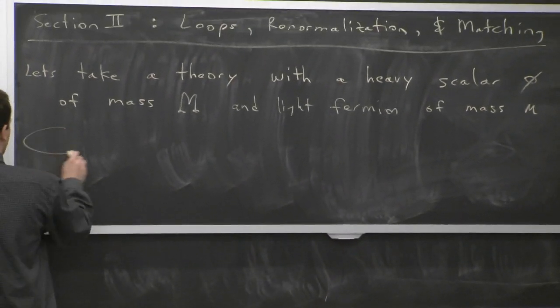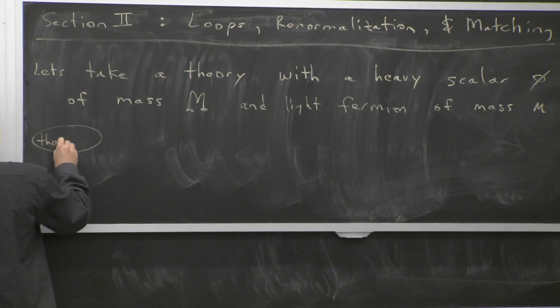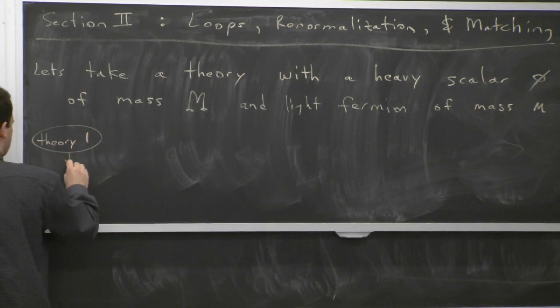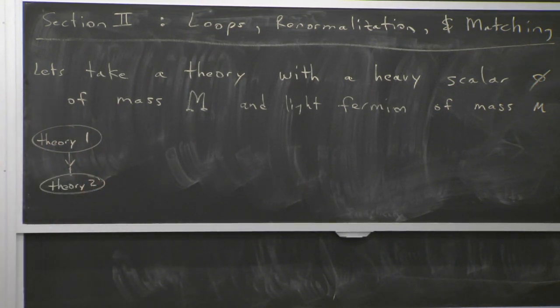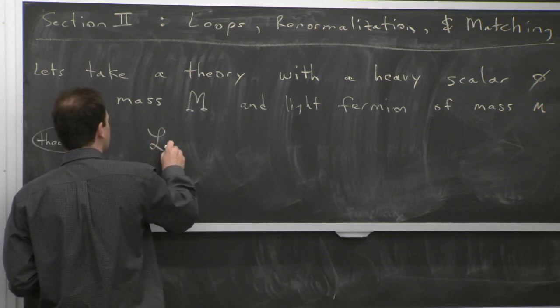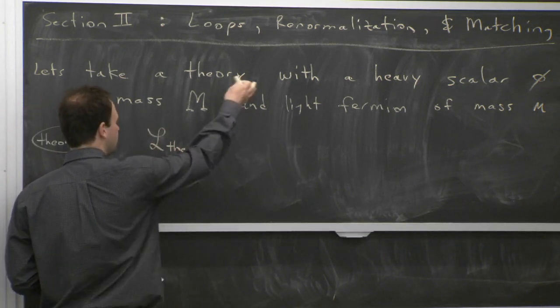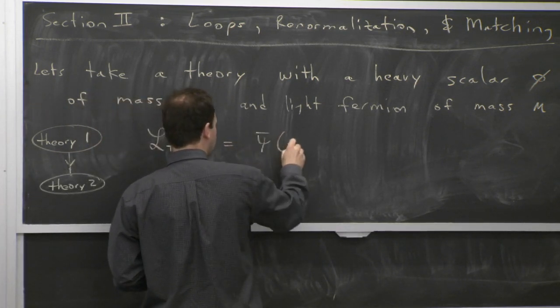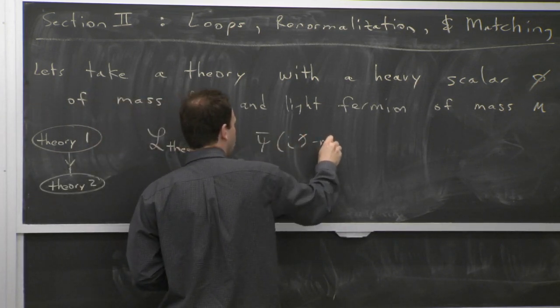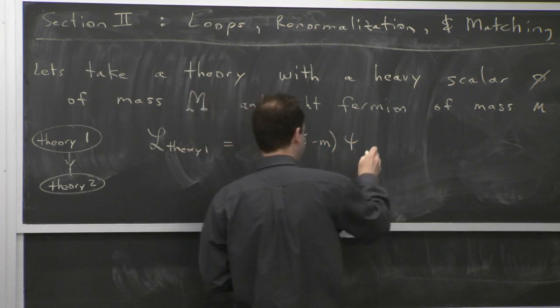And so what we want to talk about here is really this picture that we described to you earlier, where we've got 2 theories, 1 and 2, and we want to pass from theory 1 to 2 by removing something from theory 1. So theory 1 here will be just the theory of these things, and we'll make it a more normalizable theory in the traditional sense, just so we know where to stop.